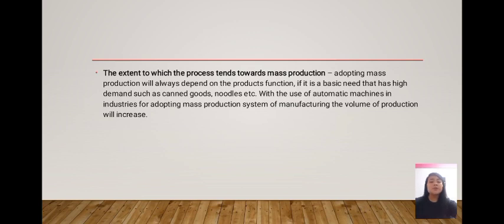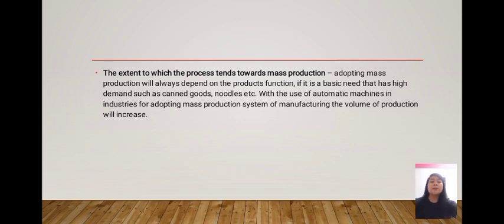Mass production is the manufacturing of the same standardized product lines for a prolonged period of time. It uses automation or assembly lines to facilitate the high volume production of similar products. Mass production is synonymous with continuous flow production or series production.